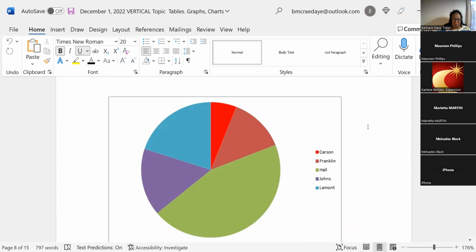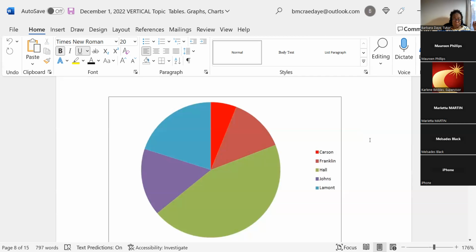No. Marietta says no. Anybody else? I just want you to look at this pie chart. Did any of these candidates get more than 50%? Marietta said no. What do you say, Mercedes?